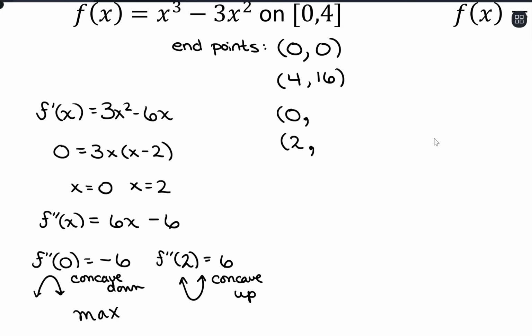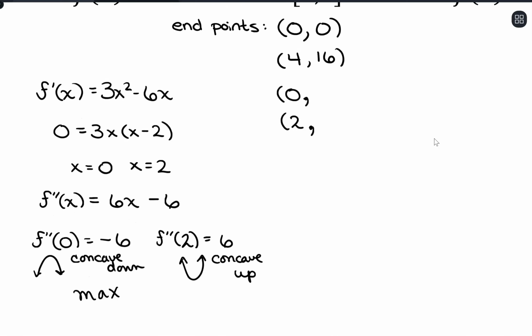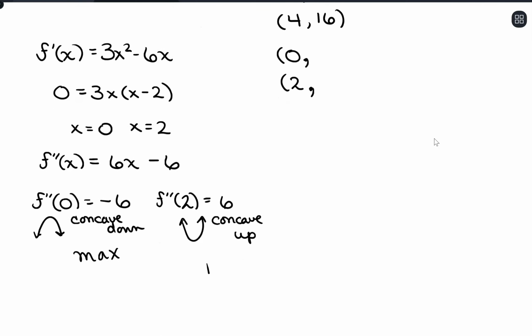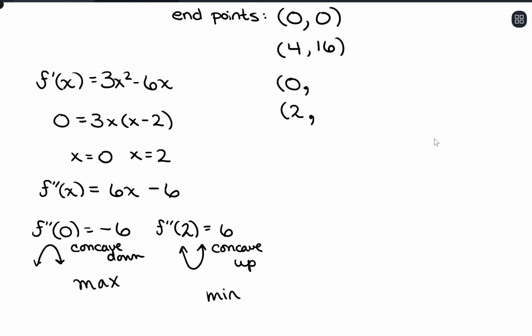I kind of want to double check those so that we're not getting extraneous solutions, like we saw with that last example where it flattened out. But with these, we're seeing minimum and maximum values. We just don't know if they are absolute minimum and maximum values.